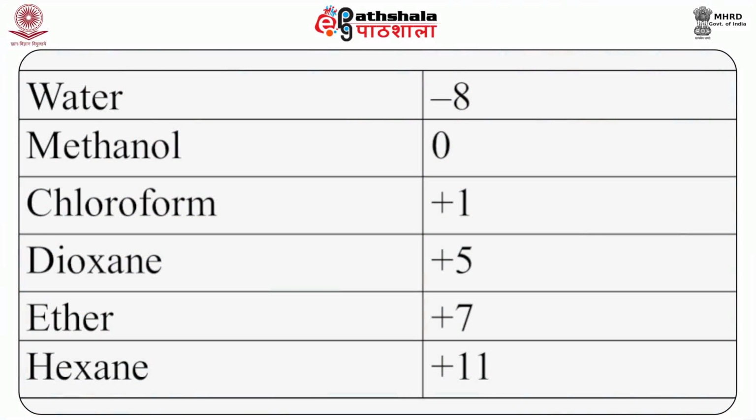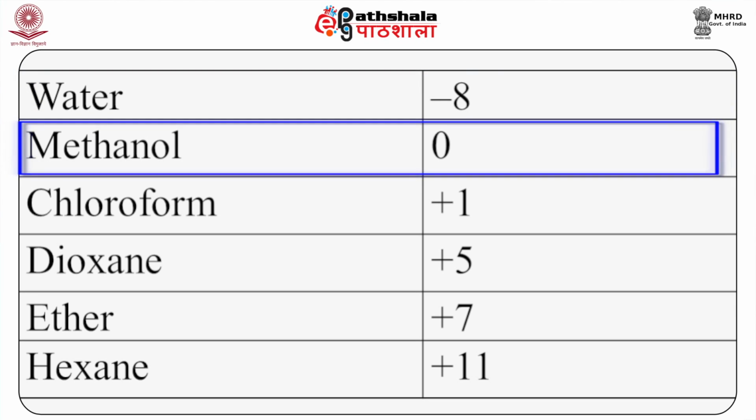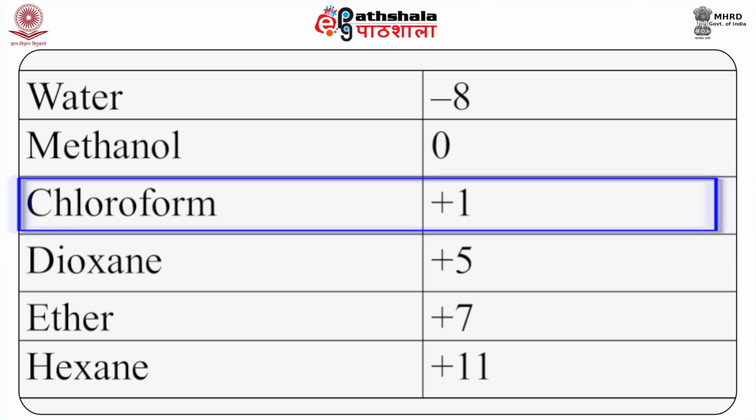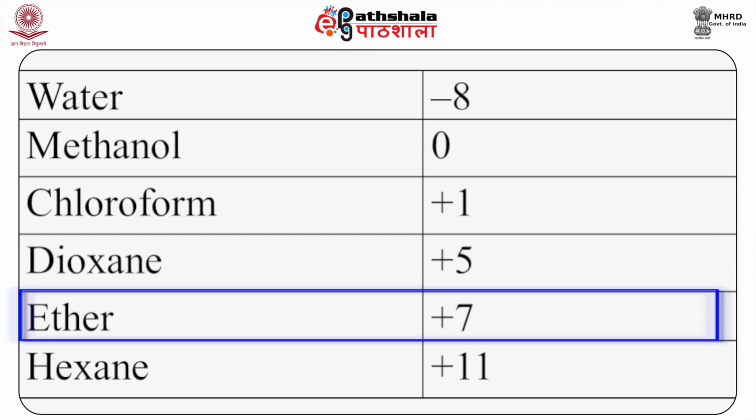Here is drawn a table from which you can know the solvent corrections. If the sample is prepared in water, we will have a decrease of 8 nanometers. For methanol, you have 0. For chloroform, you have +1 nanometer. For dioxane, the increment value is +5 nanometers, and for ether, +7 nanometers, students.